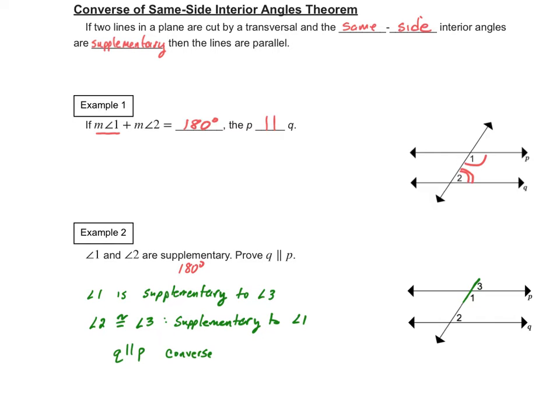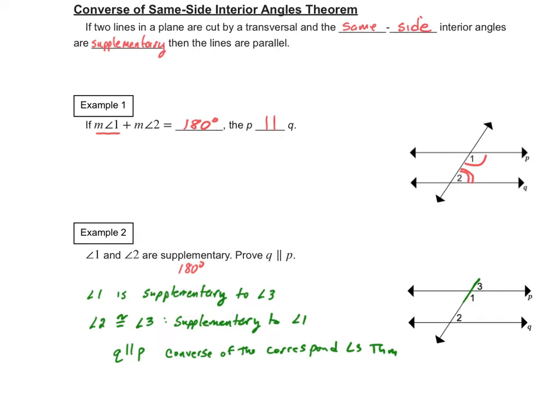We could also say that if angle 2 equals angle 3, then we substitute, and we've used some transitive property there. There are different ways to look at that and be able to prove that they're parallel.